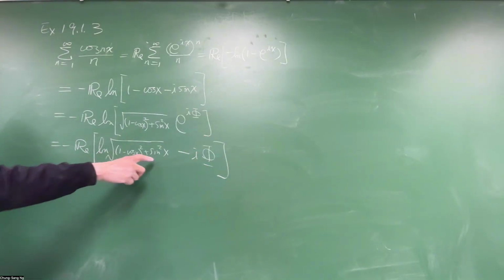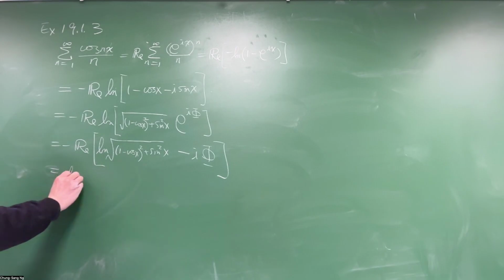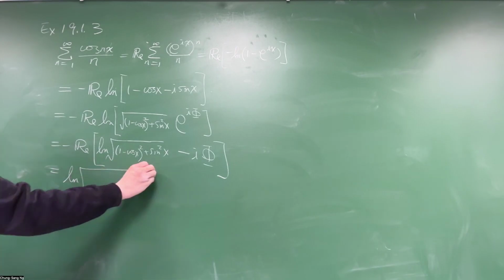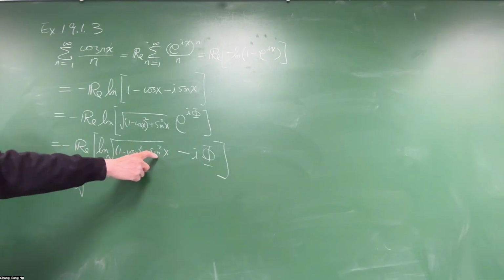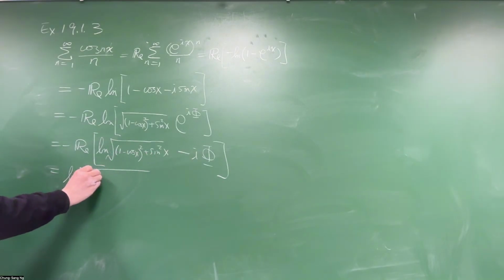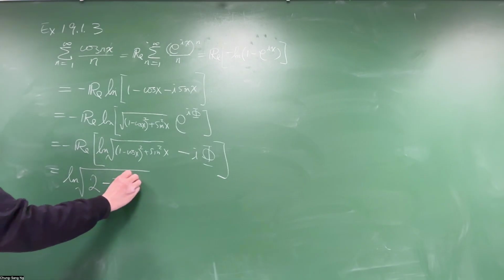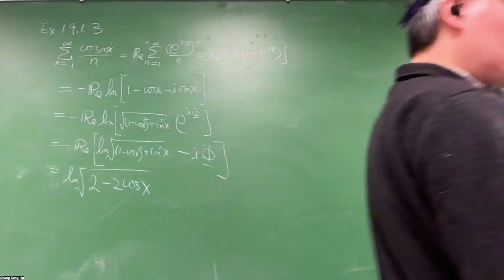So the real part is just this one, right? Yeah. I mean, if you like, you can take the square, and then you have cosine squared plus sine squared be 1. Adding the other one be 2. Is 2.